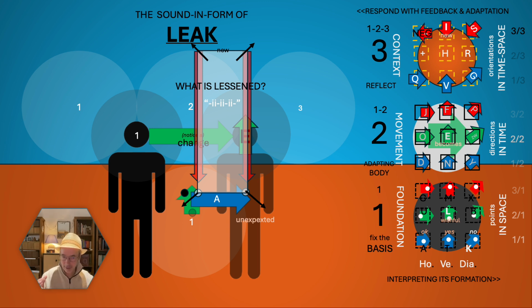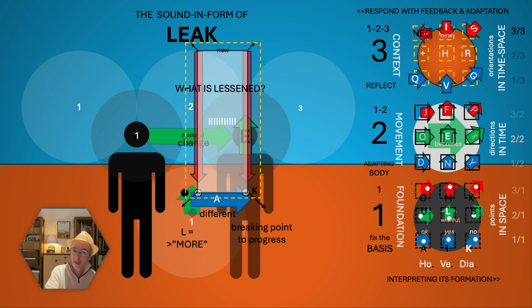K is a breaking point which says no, what is not fitting, what am I losing here, what is not going along with what I expect, or what is less. So you have that frame of E which focuses a little bit more upon that breaking point which is not progressing into what I think is an expectation.